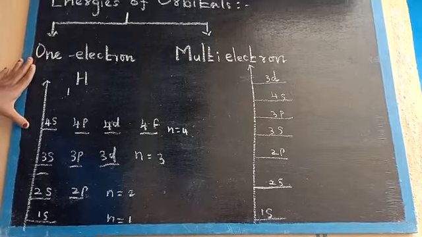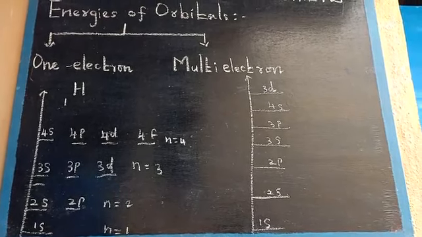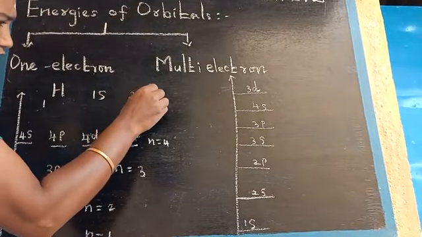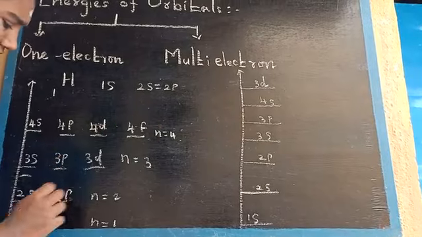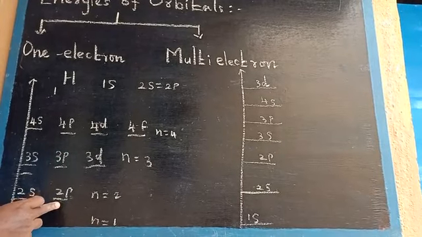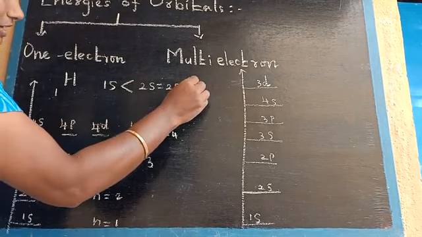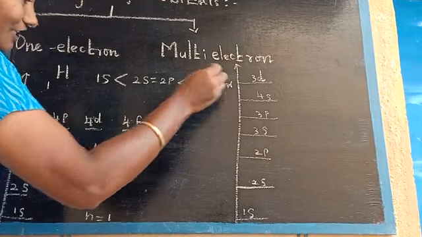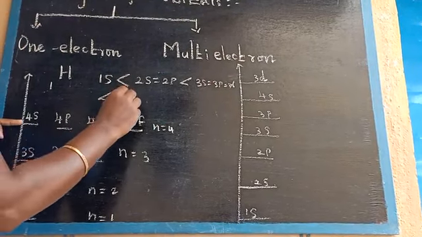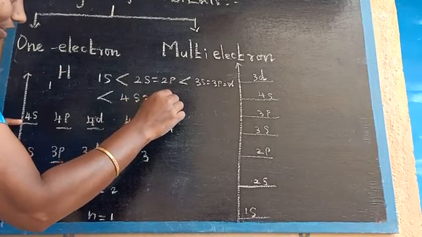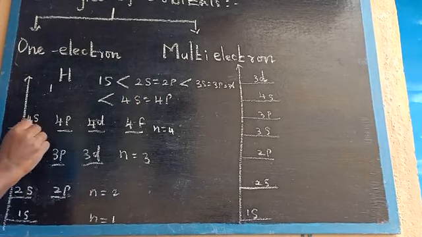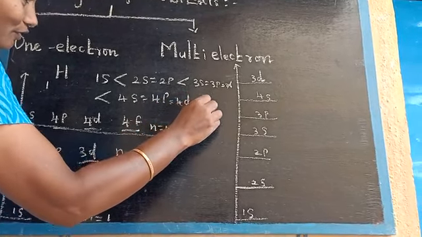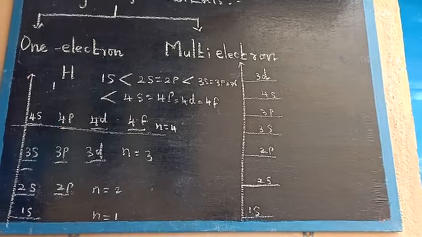In the one electron system, the order is like that: 1s, then 2s equal to 2p, because 2s and 2p are present in the same energy level. Next, 3s equal to 3p equal to 3d. Next, 4s equal to 4p equal to 4d equal to 4f. Why write the equal symbol? The same energy level is denoted. This is the order for a one electron system.